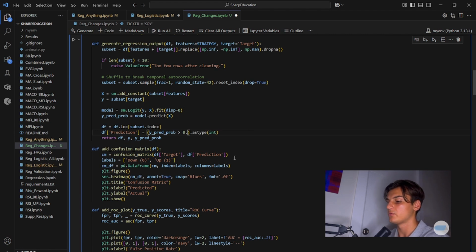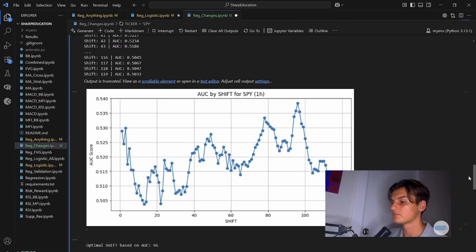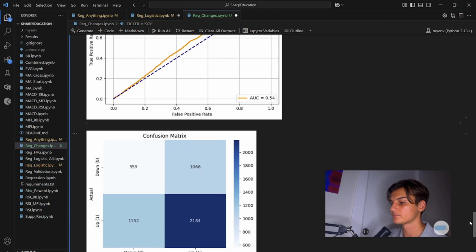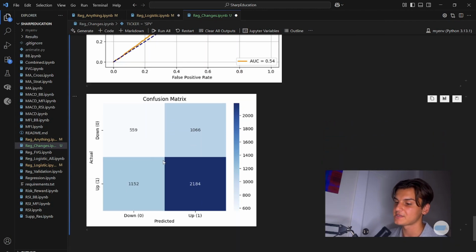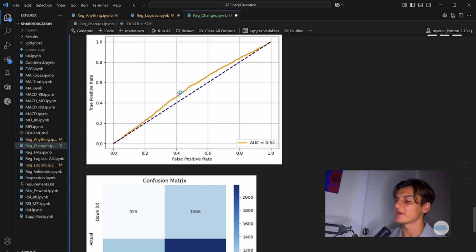Let's do 0.66 and see if our confusion matrix looks a little bit better. It does, but still not great. You can see that when it guesses down, it's guessing down incorrectly much more often, twice as often, as when it guesses up incorrectly.